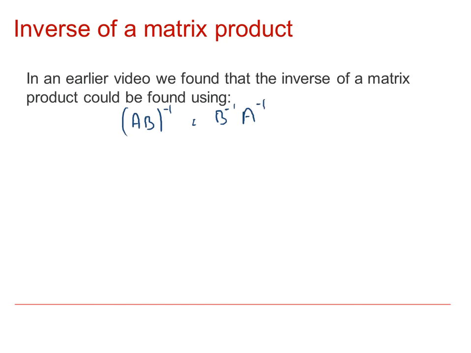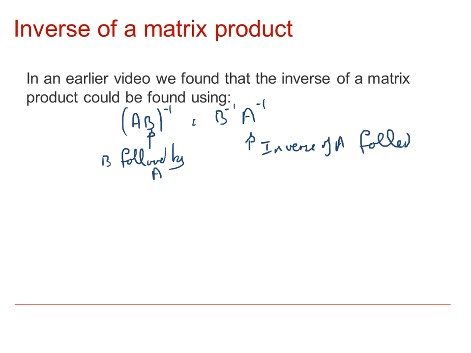Now AB is transformation B followed by transformation A, whereas B inverse A inverse is the inverse of A followed by the inverse of B. So you have to do things in the opposite order.